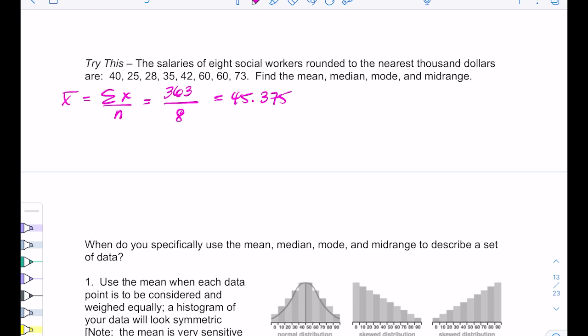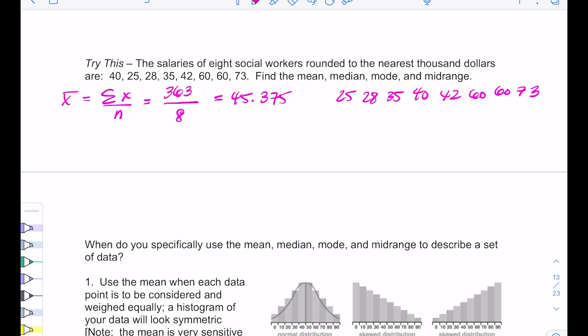If you place the numbers in order, it would go 25, 28, 35, 40, 42, 60, 60, 73.